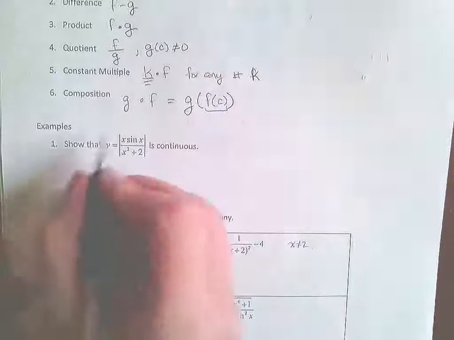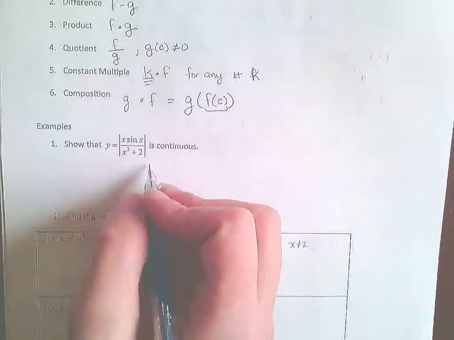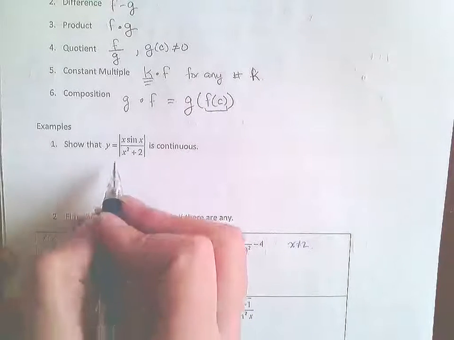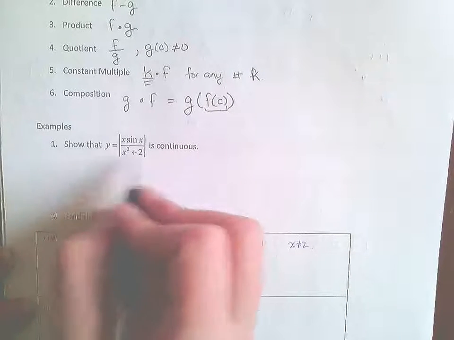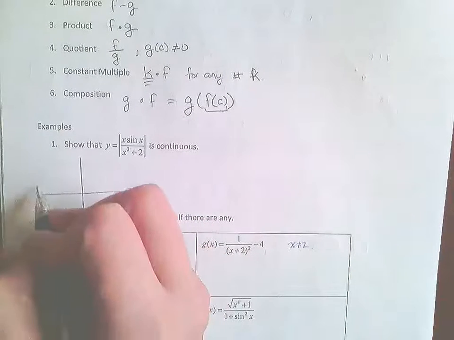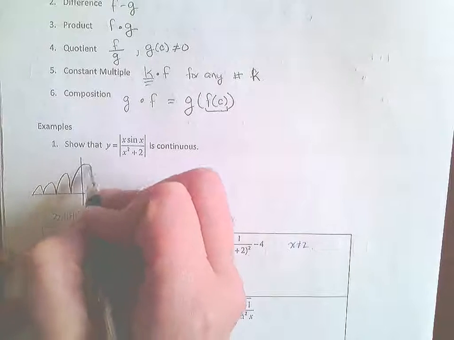All right, this first example says, show that y equals x sine x over x squared plus 2 is continuous. Now, I'm not going to lie, the explanation is a little bit long. So first off, when you graph this in the calculator or using Desmos, you get kind of a graph like this.